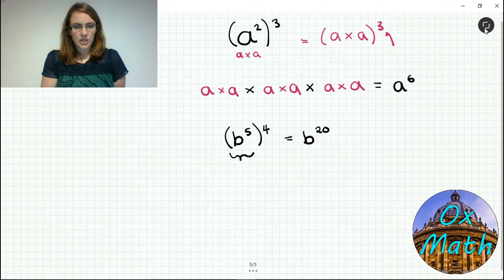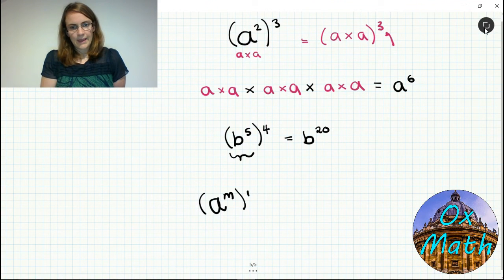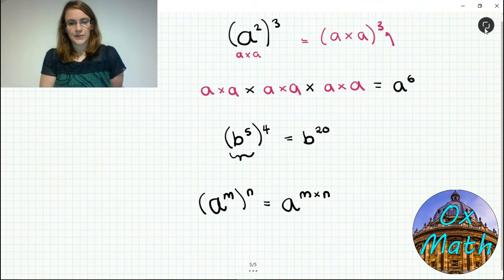So as a general rule, if we have a to the power m all to the power of n, that is the same as having m lots of n, so m times n, lots of a in a multiplication. So if you have a power and then another power, the general rule is that you multiply the powers, and you will often just see the law written like this, because remember, in algebra, mn means m times n.